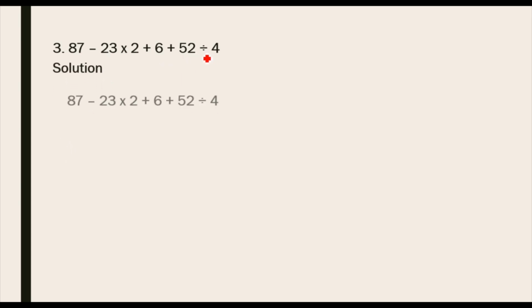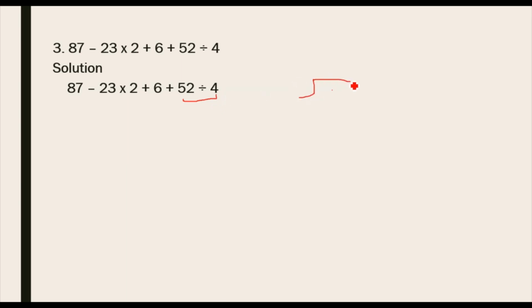Let's take another example. In this question, we don't have a bracket, we have just mathematical operations. So according to BODMAS, first we have to do the division. So first we write the question as it is, and then first we have to divide 52 by 4. We have one digit in the divisor, so we have to take the first digit from the dividend.